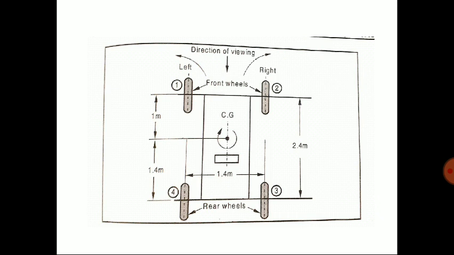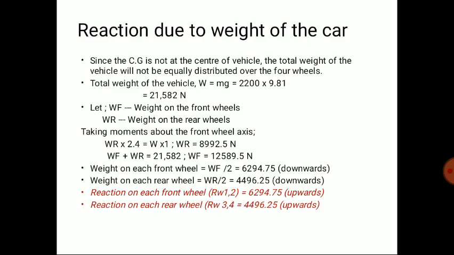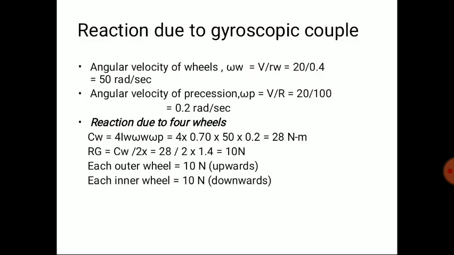When the gyroscopic couple is in clockwise direction, it will try to move the inner wheel upward and the outer wheel downward, right? So the reaction will be just opposite to that, that is, inner wheel downward and outer wheel upward. That is what we have written here. Clear?